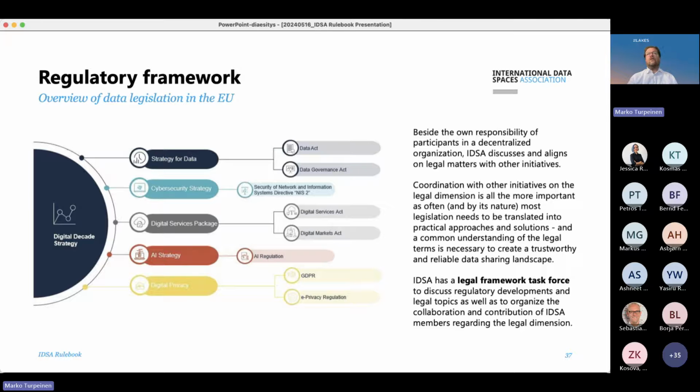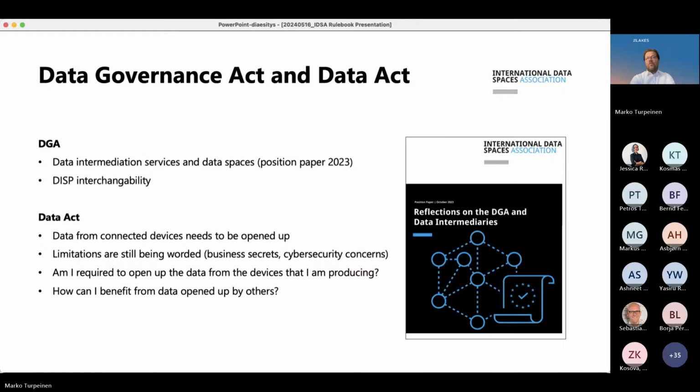proposing or mandating. One aspect that we have worked on in connection with the legal expert group at IDSA has been clarification on some of these aspects. There was a discussion paper or position paper published in October last year on the Data Governance Act: data intermediaries, what do they actually mean from a data space point of view?